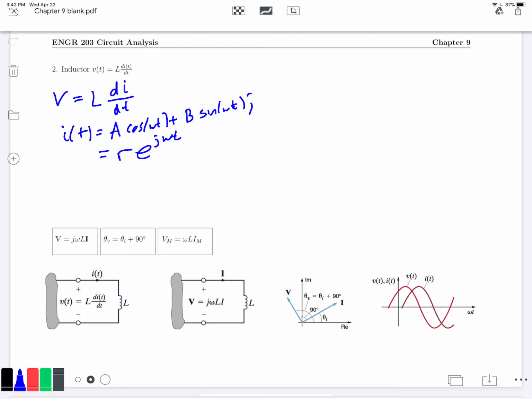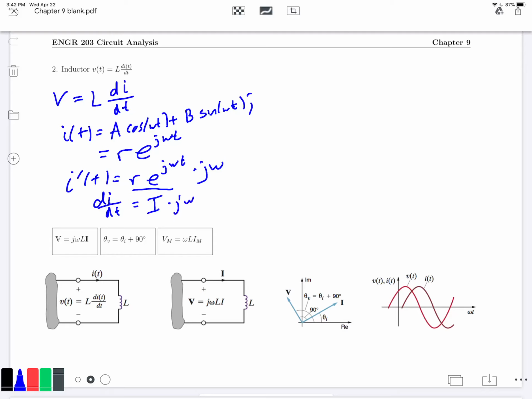If I take the derivative of that, then I prime of t, the r stays the same, e to something goes to e to something, then multiplied by the derivative of what's inside with respect to t, we're going to get this j omega here. So what that means is di/dt is the same as your original I, but then multiplied by j omega.